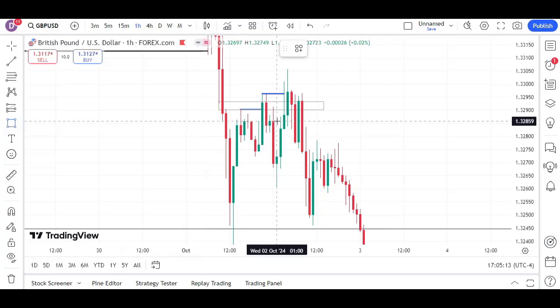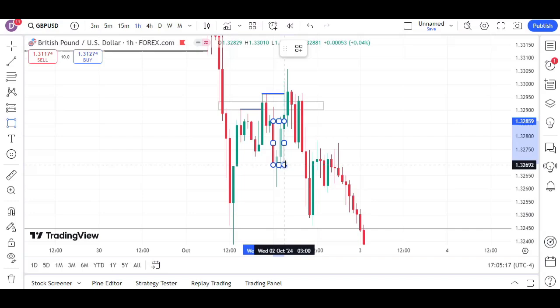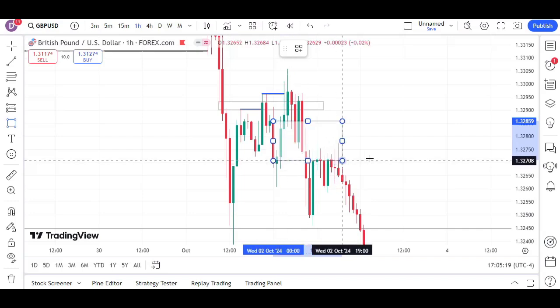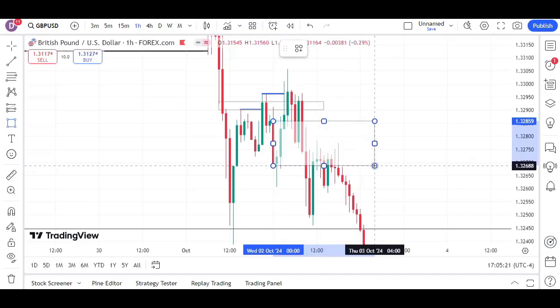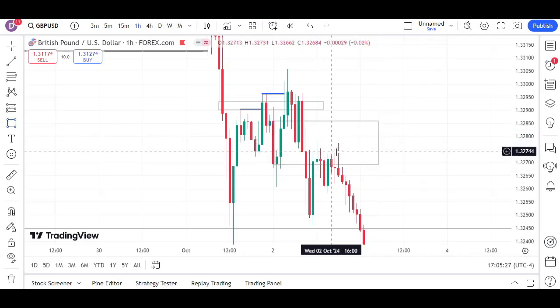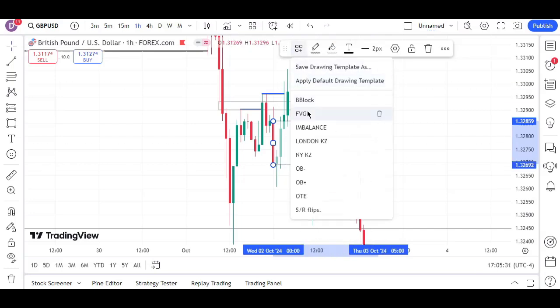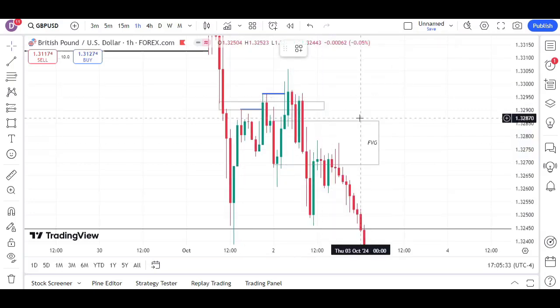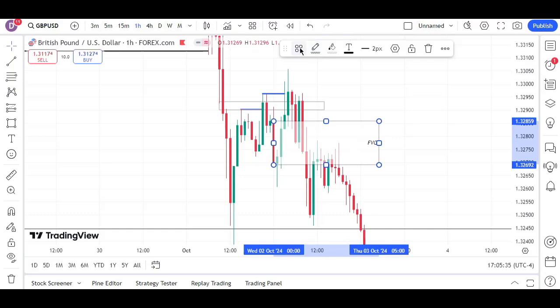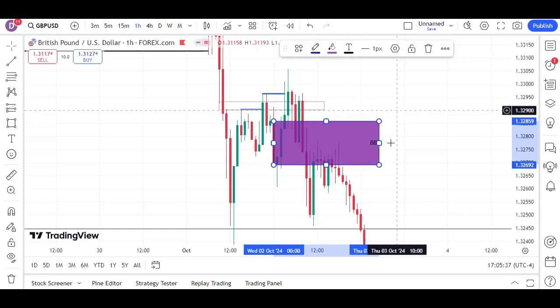So you draw your rectangle from the body, from the open to the close, and then you wait. Sorry, it's supposed to be a breaker, so a breaker block.